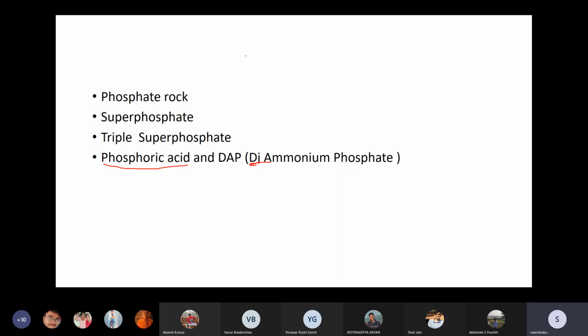Just like urea is only a nitrogen-based fertilizer, there are only phosphorus-based fertilizers: phosphate rock, superphosphate, and triple superphosphate. If you want nitrogen and phosphorus both, we have to use DAP, diammonium phosphate.